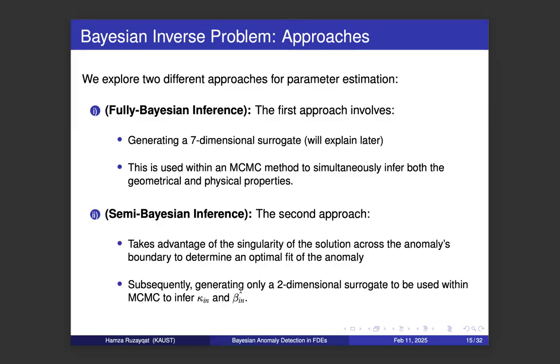And as a result, you have already determined the geometrical parameters. So you only need to use MCMC and surrogate building in 2 dimensions. And in that case, we only need to infer kappa n and beta n.